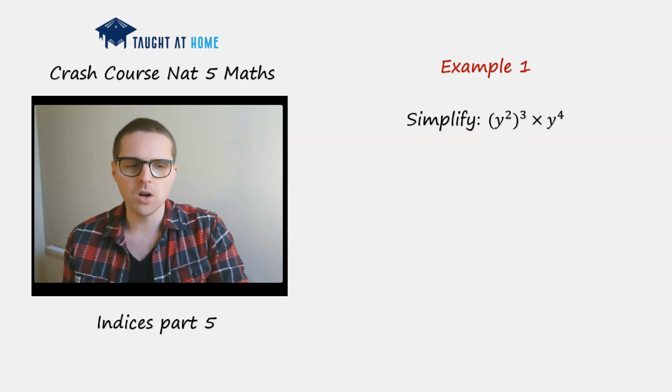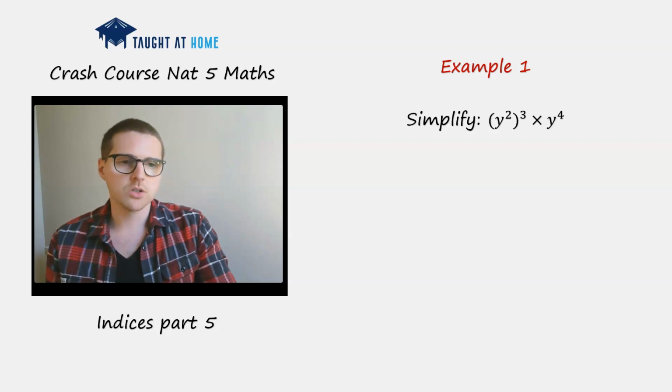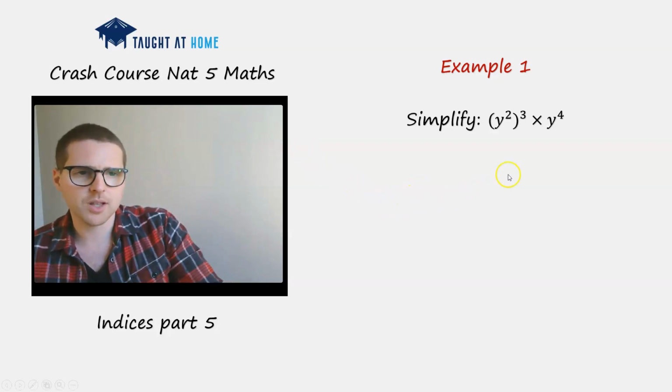Simplify y squared all raised to the power of 3 times y to the power of 4. So there's two laws we have to use. The first step is to use the third law of indices to find the resulting y, and then we're going to use the first law of indices.